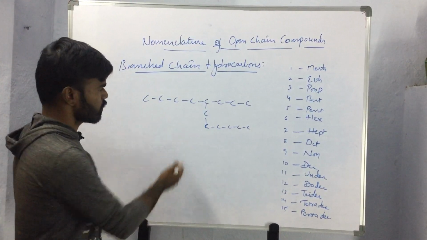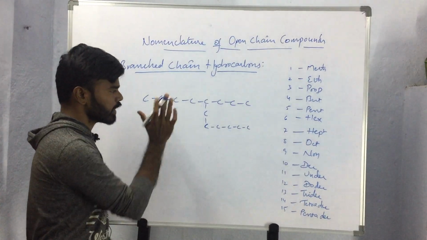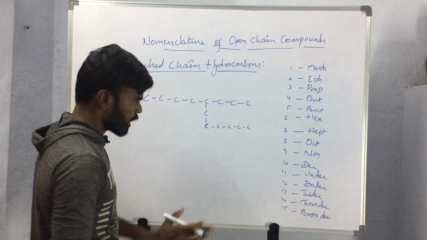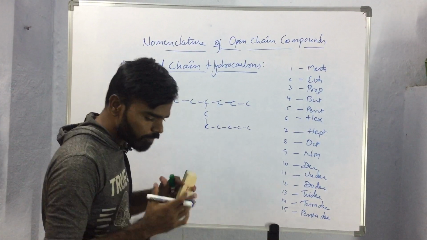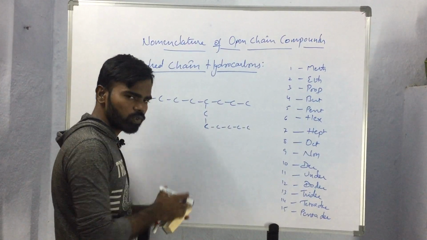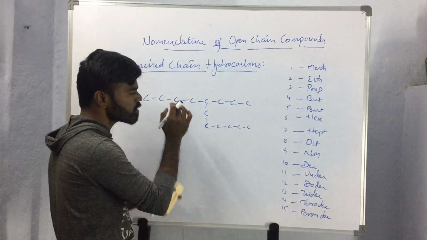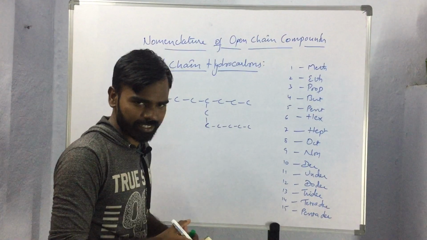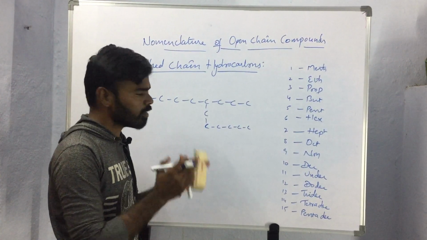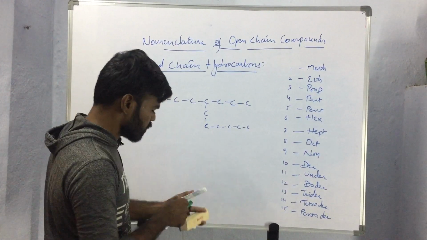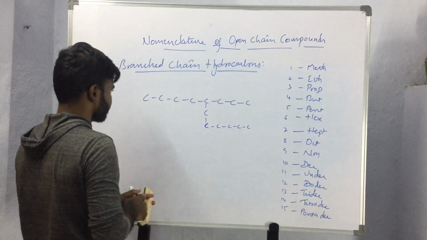Okay, so this is also a branched chain hydrocarbon only. According to the first rule, we have to select a parent chain. How do we select the parent chain? We have to select the longest possible continuous chain, and that longest possible continuous chain will become the parent chain. So let us see the possibilities here.